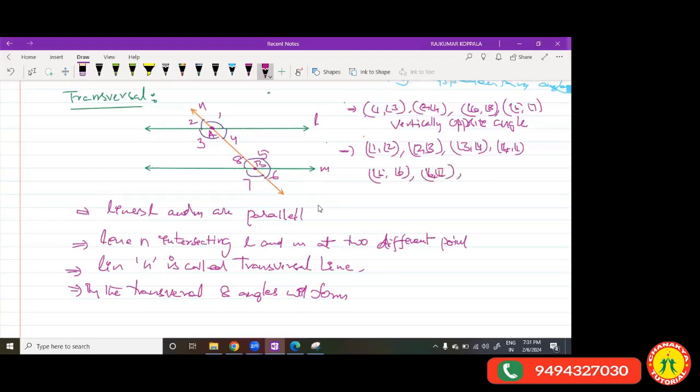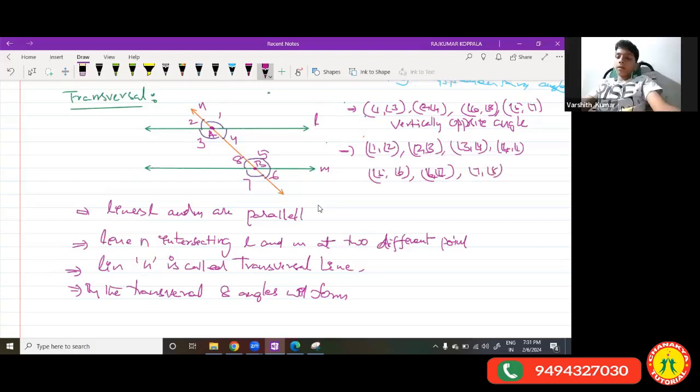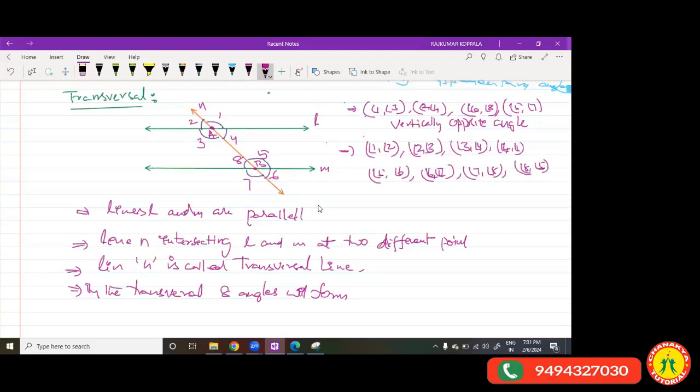Next, angle 7, angle 8. Next, angle 8, angle 5. All these are called linear pair angles. Okay, understood?